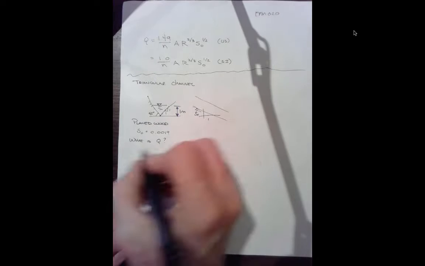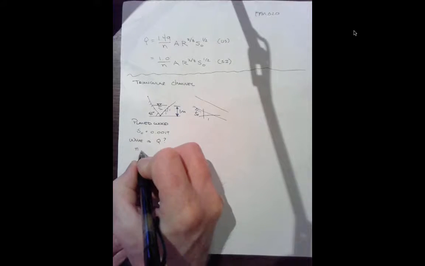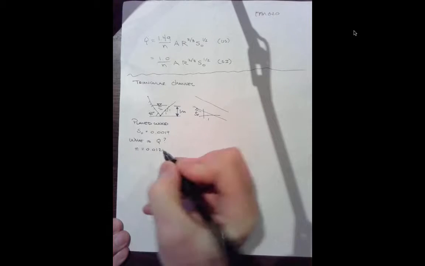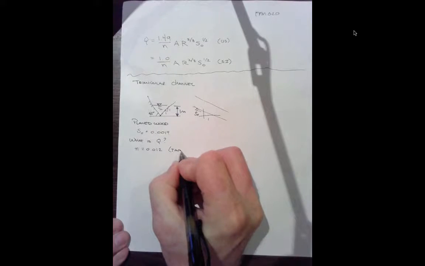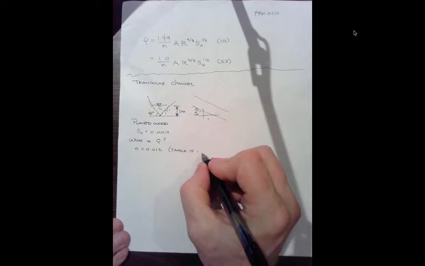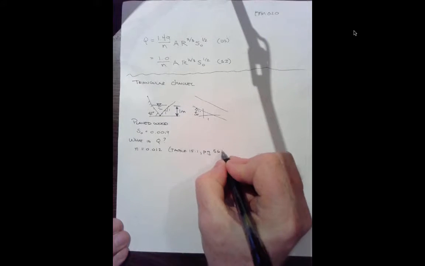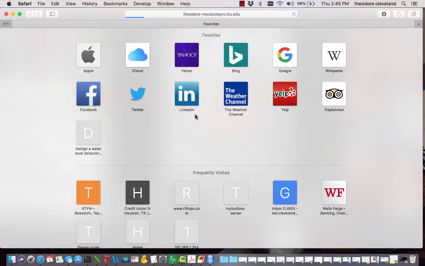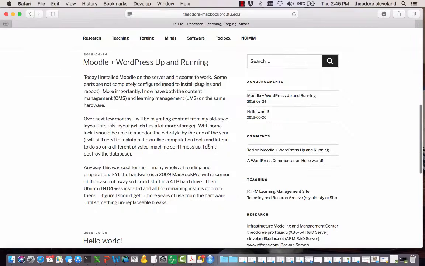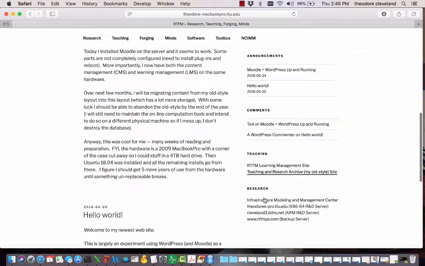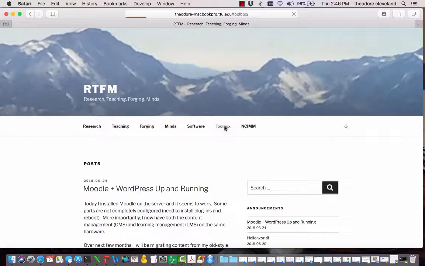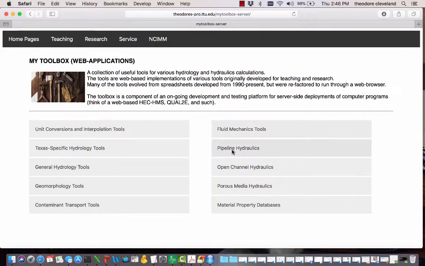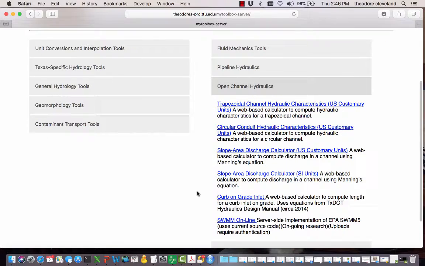To answer that, we first need to find a value for Manning's n. So Manning's n for planed wood is 0.012, and we looked that up in table 15.1 on page 561 of the 10th edition of the textbook. We also can look it up online. I'm going to do that right now. Go to our class website, go to the toolbox and open channel hydraulics.